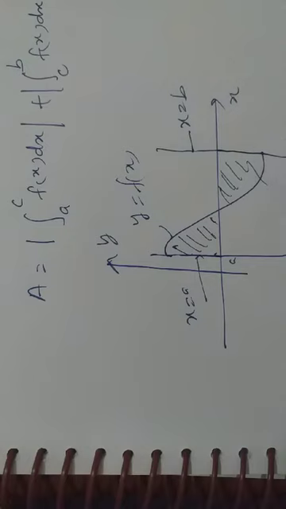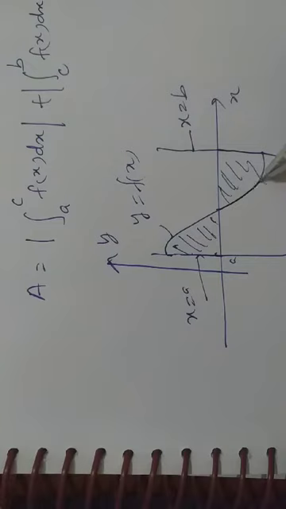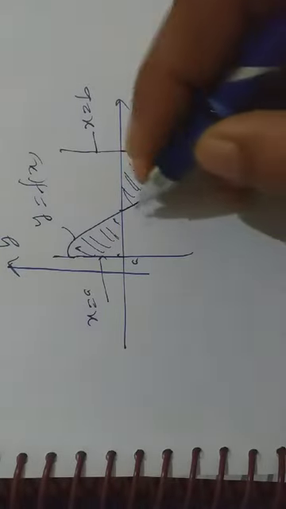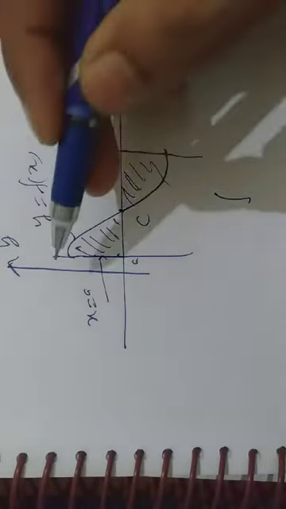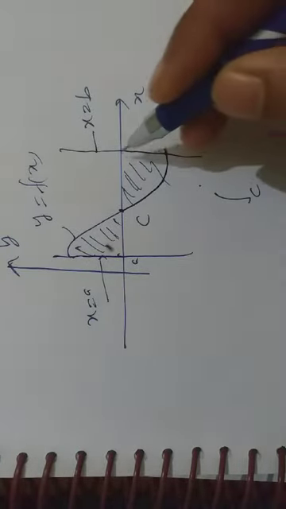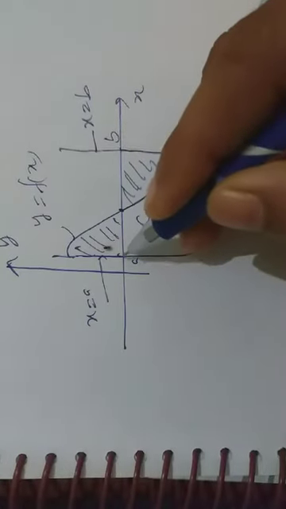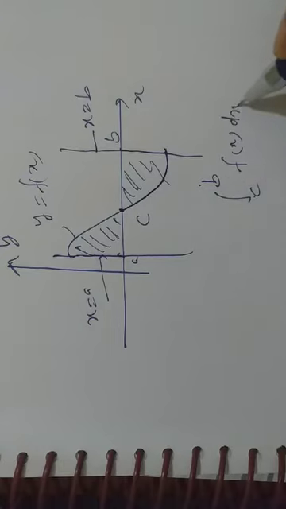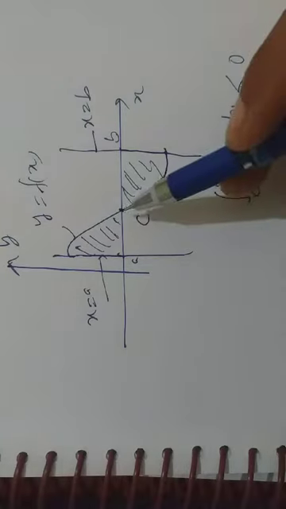Dear students, in this part in which the value of f(x) is negative, we can see clearly that the integral, suppose this is point c, at point c the curve crosses the x-axis, so integral c to b, this is x equal to b, this is x equal to a, so integral c to b f(x) dx, obviously this value will be less than 0 because f(x) has negative values in interval c to b.